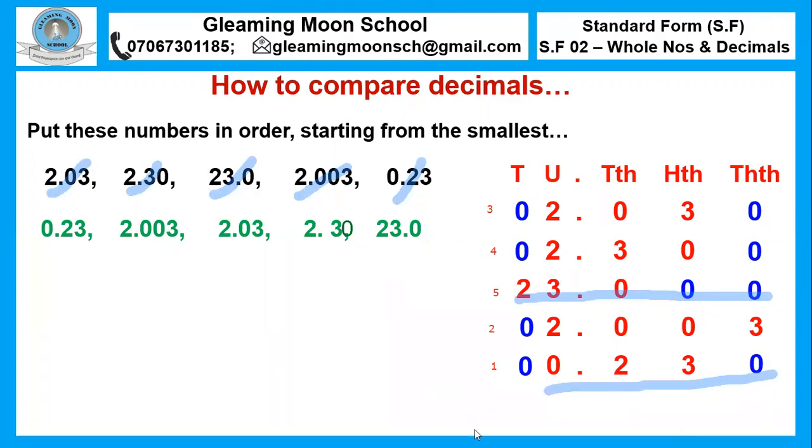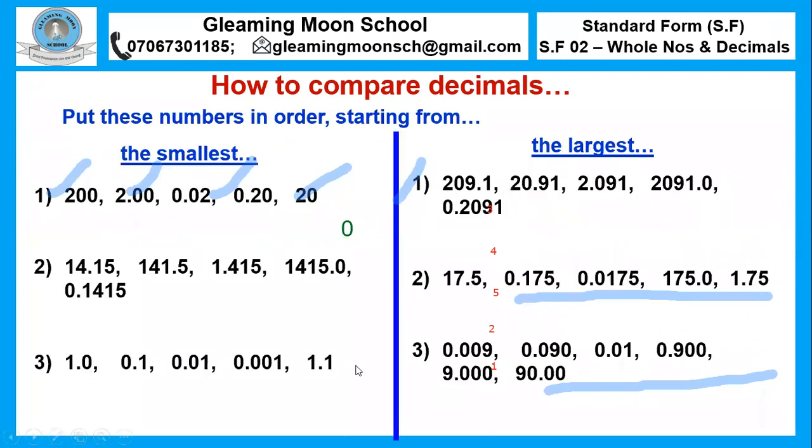Okay, now it's your turn. What I would ask you to do before you try the next questions I'm going to give you is to watch this part again, listen to my explanations, and try to understand what I have done before you move on to answering the next question. Okay, so here are the questions.